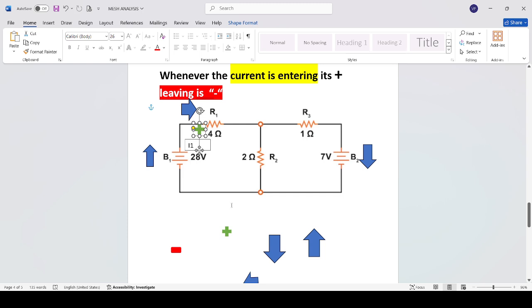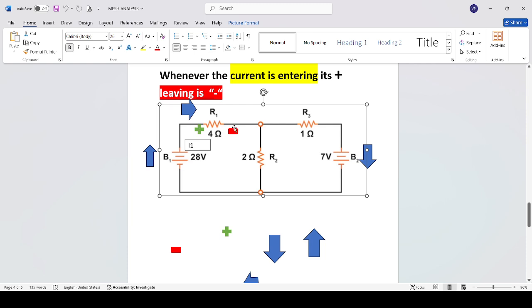The current is coming from the battery and going to the resistor, so this element is positive. And when it is leaving, this is negative. So the current is entering from the battery, flowing through the resistance R1. R1 is positive, so this term is positive.